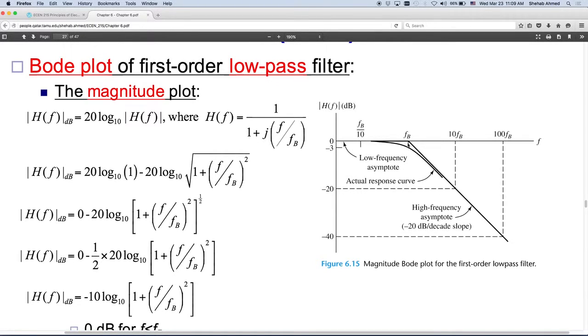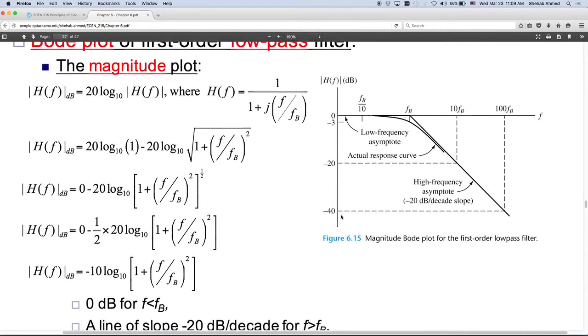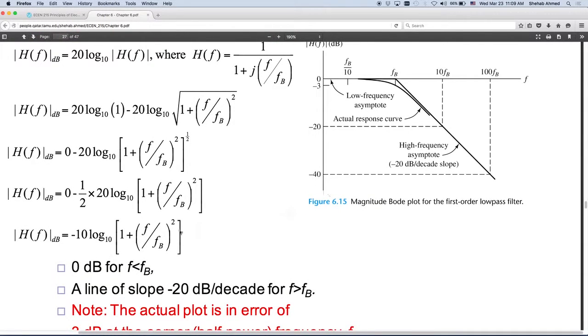And we know that at FB, if we do it point by point, we will see that the magnitude is a little less than 1. How much less? If you substitute in, you will see that at F equals FB, this is 1 squared, so 1 plus 1, so 2, so log of 2 is what? Log base 10 of 2.